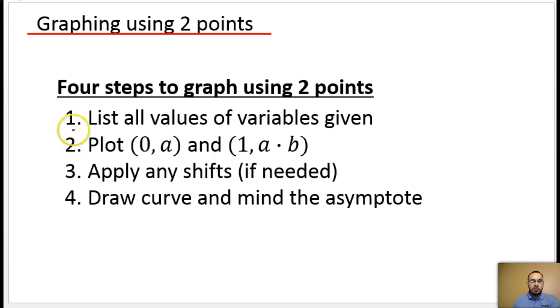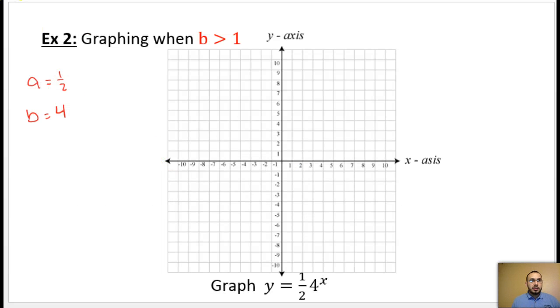Now let's look at step 2. It says plot my y-intercept, or (0, a), and (1, a times b). So my y-intercept is (0, a), and a times b is just 2. Two very important points. Here we have (0, 1/2), about there. And then the other one is (1, 2). So we have those 2 points.